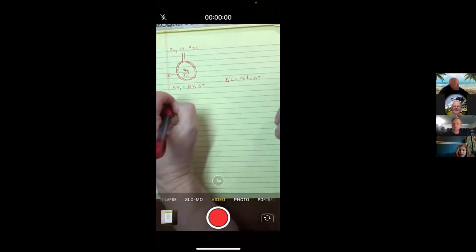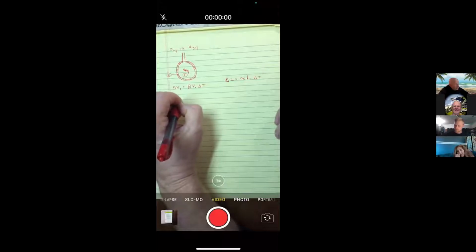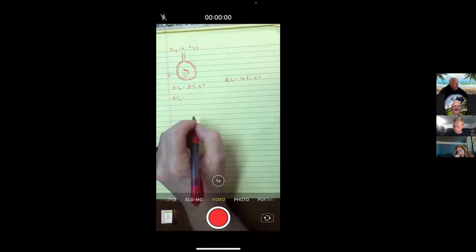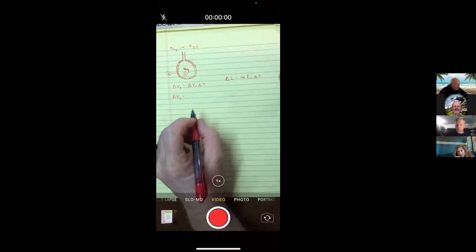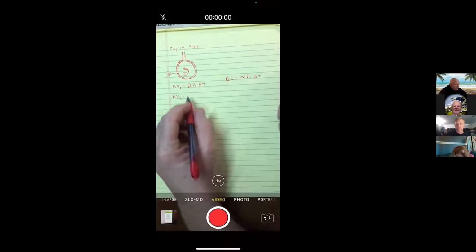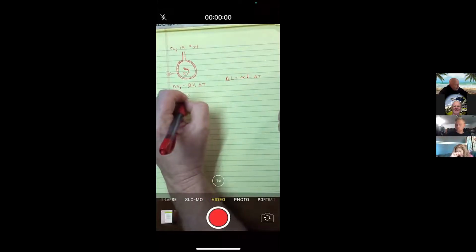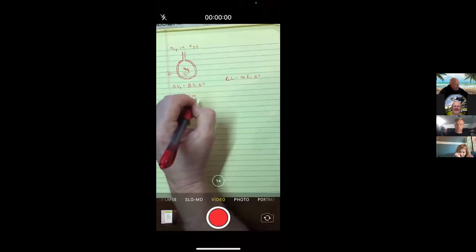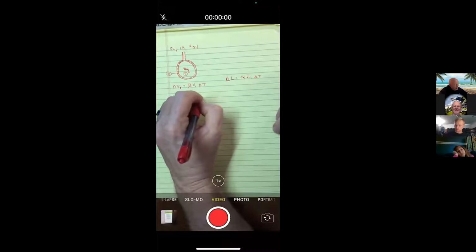So the change in volume of number 2, the solid material, is going to be 3 times the linear expansion.